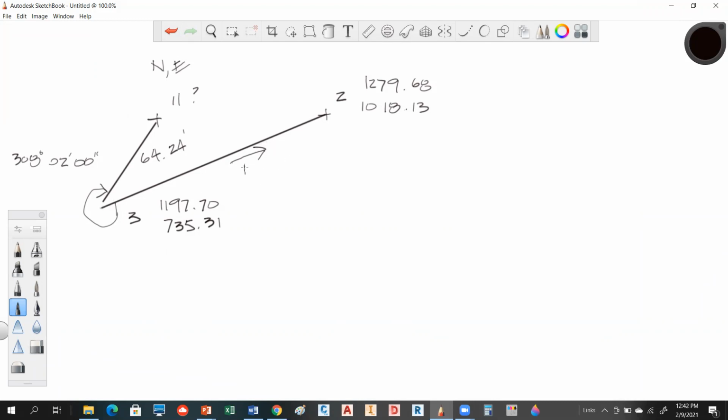Yeah. Correct. So we can use this in terms of bearing, and then we can convert that to azimuth. That's correct. That process is an inverse because we have the coordinate at 3 and the coordinate at 2, right? So what we're going to say is the latitude from 3 to 2 is the northing of 2 minus the northing of 3.